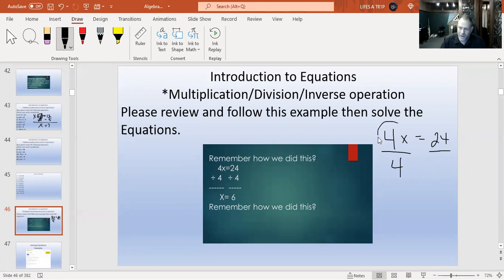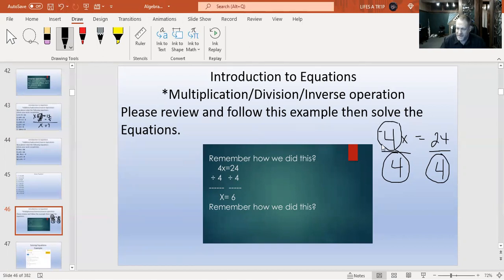Where do I get that number 4 from? Here, a +4. So I bring that down as a +4, and I also bring that down as a +4 over here. So I'm getting these two 4s from here, and I'm getting the sign as well.